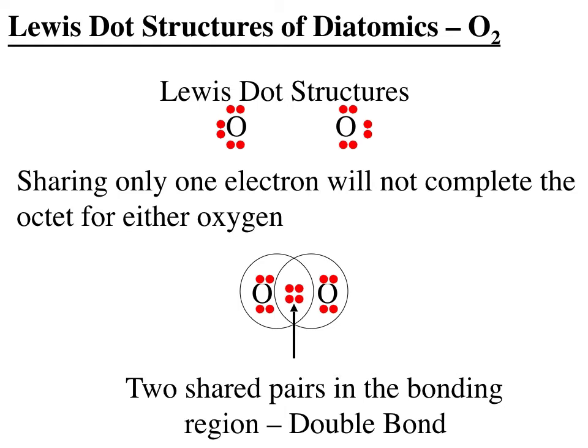So each oxygen will put 2 electrons into the sharing zone, as you see in the middle cartoon. And we have a total of 4 electrons placed into this sharing region. Now once again, they are in spin up and spin down conformations, so we have 2 shared pairs of electrons in the bonding region.